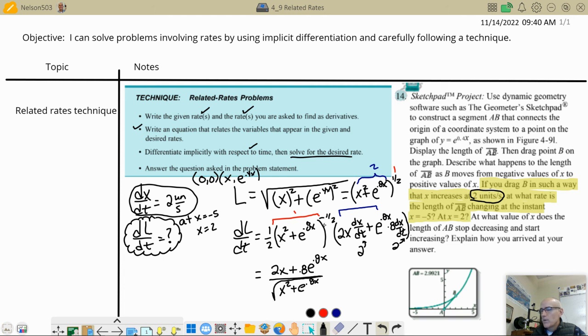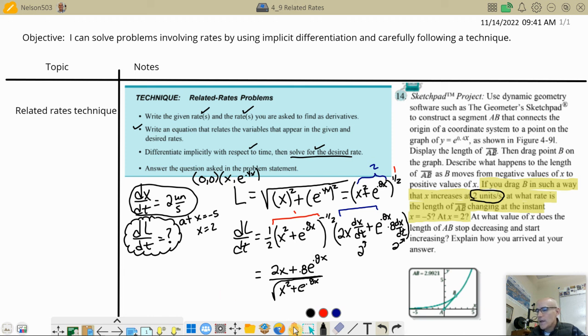Because the 1/2 power, that's why I moved it to the denominator. And then this 1/2 canceled with these 2's over here that I could distribute out to the front. Man, I hope that's clear. Now, technically, I'm done with this whole part, solve for my desired rate. I've simplified a little bit.